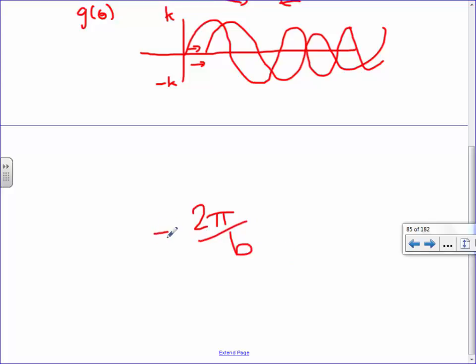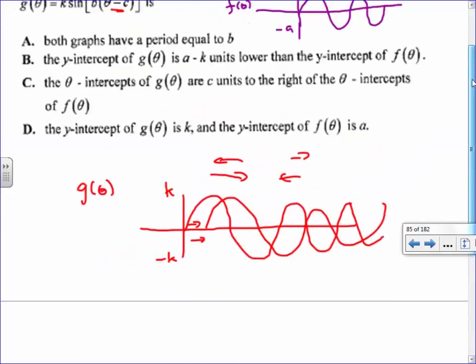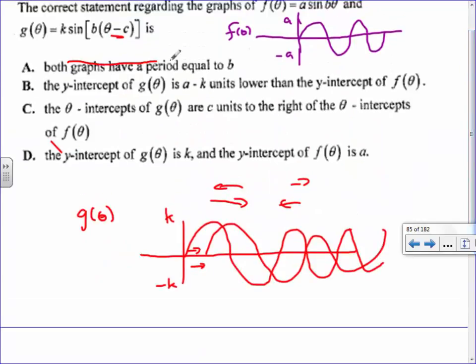That's what the period is going to be. So is the period going to be b itself? No, it's going to be 2 pi divided by whatever b is. So if b is 2, it's pi. If b is 1, it's 2 pi. So that's actually not true. They don't have a period equal to b. They have a period equal to 2 pi divided by whatever that b value is.